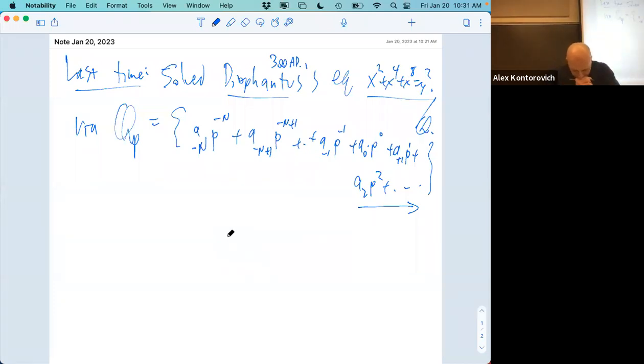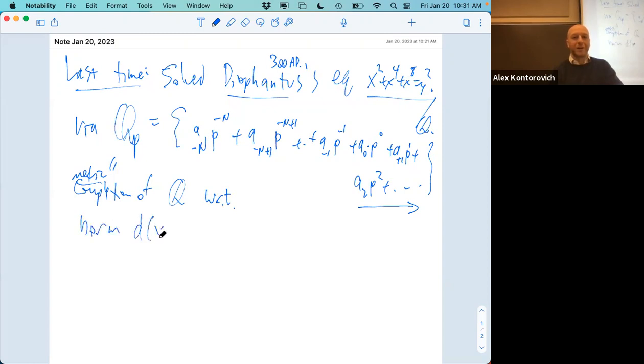All right, we talked about how these are the metric completion of Q with respect to the norm, in other words, a distance function induced by the p-adic absolute value.